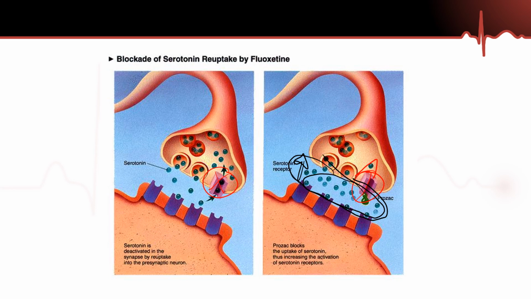Now, what do you know about the magnitude of effect? If you increase the concentration of a chemical messenger around a target cell, that will increase the magnitude of effect. Why? Because more chemical messenger will bind to more receptors, and thus the magnitude of effect will be greater. That means this other neuron that we want to generate an action potential, an electrical impulse, will generate one.